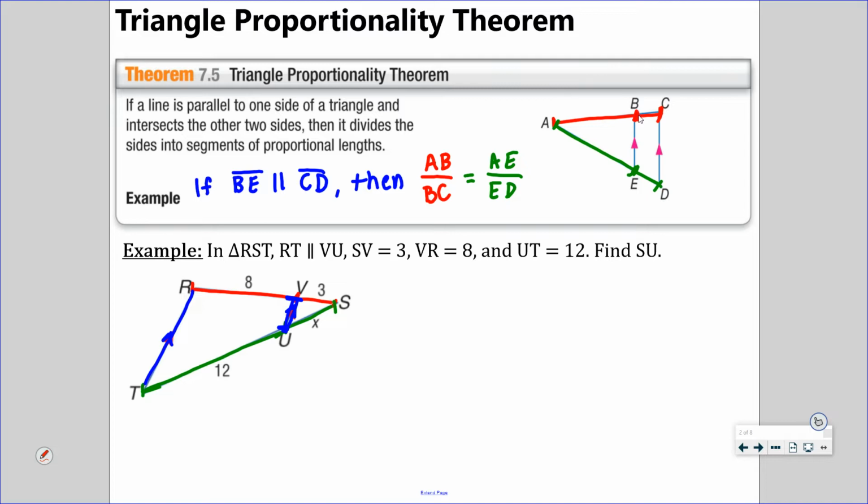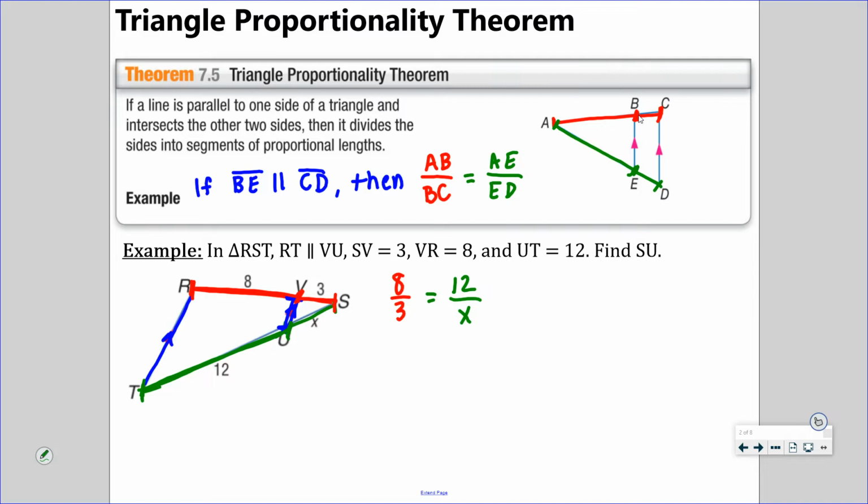So let's set up a ratio with my red one. I'm going to go from the parallel base, so from R to V, 8 to 3. That's going to be proportional to the same thing on the second side. From the base, 12 to X. Again, you have to pick how you want to write the first ratio, but then you have to be consistent in the proportion.